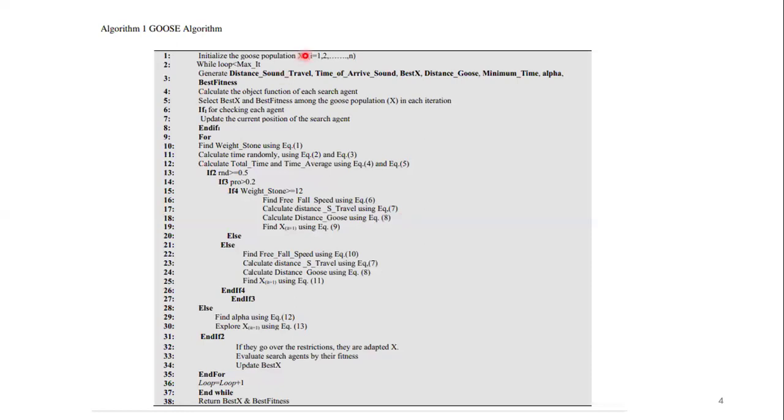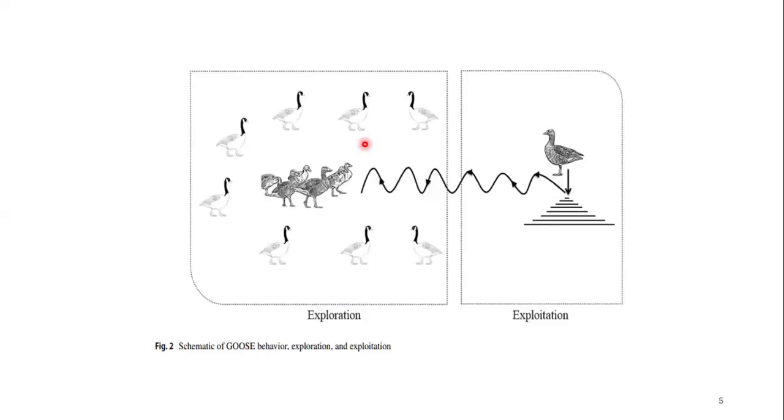So this is the algorithm in detail, and it's in the paper. You can check each equation by yourself, and I also explain them in my case study in this presentation. The goose has two phases: exploitation, which is local search, and exploration, which is the flock of geese doing global search.